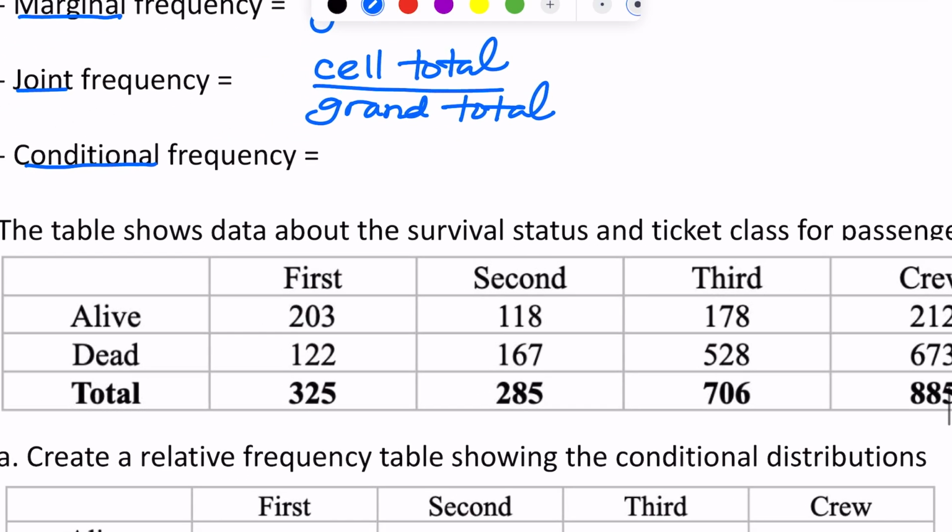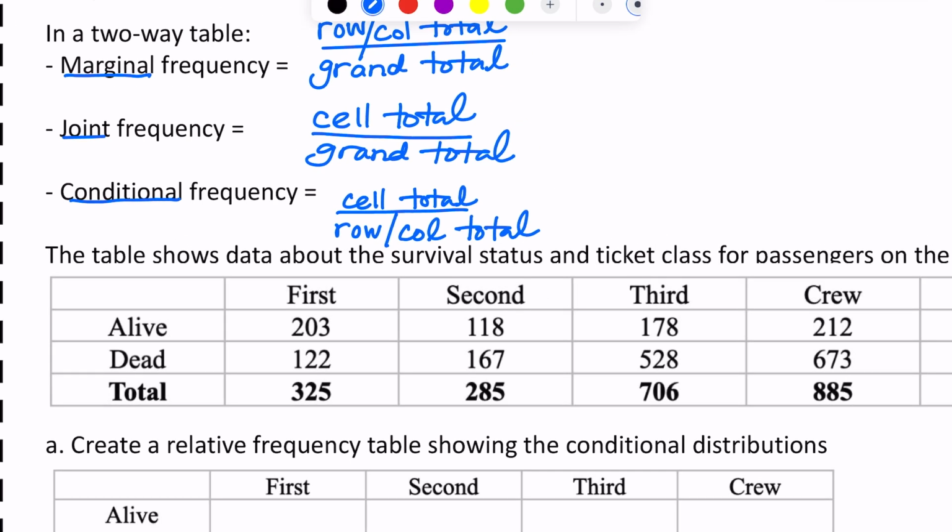And then finally, we talked about conditional frequency. This is when you take a cell total and you divide it by, instead of dividing by the grand total, we isolate to a single group by dividing it by a column or a row total.